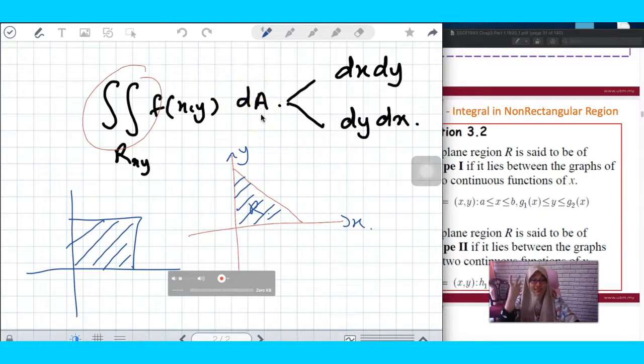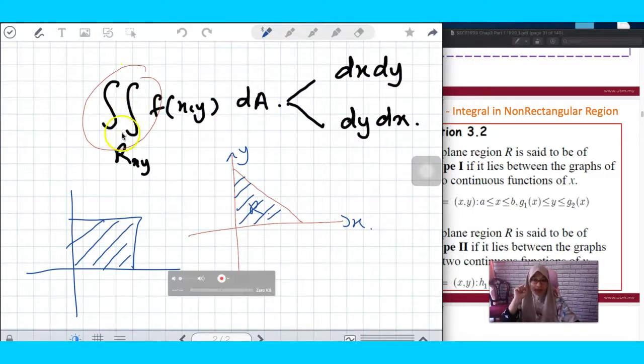You have to decide whether you want to use dx dy, which means x first, or you want to integrate y first. When you have decided, then you find the limits. That is the step. You cannot find the limits first and then decide the order. That is wrong. You have to decide which order you want to use, and after that determine the limits.